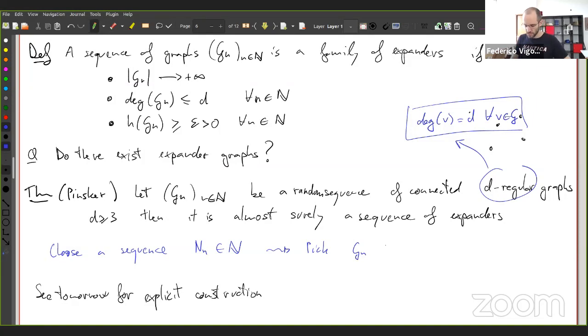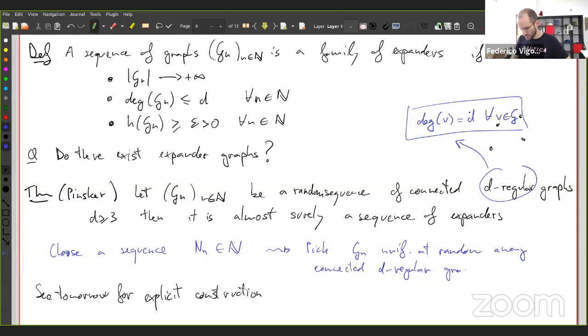This is now a finite graph, chosen uniformly at random among connected d-regular graphs of cardinality equal to n.